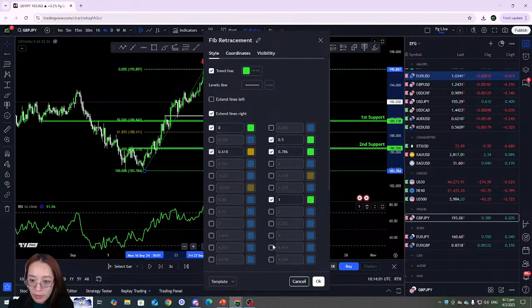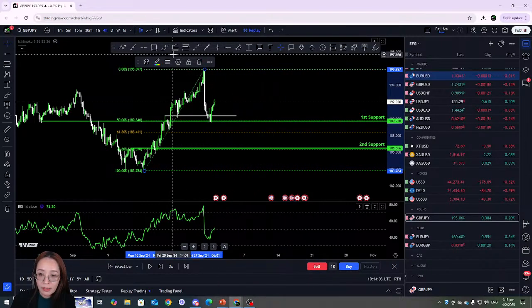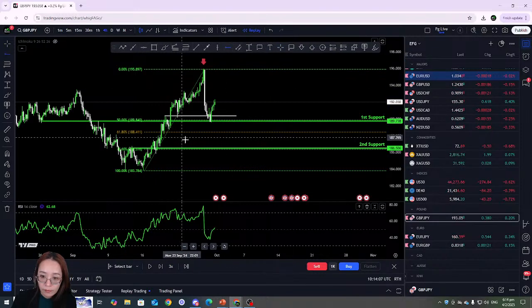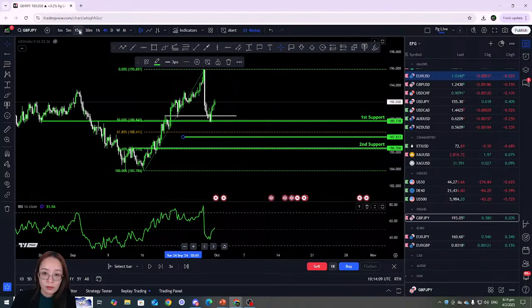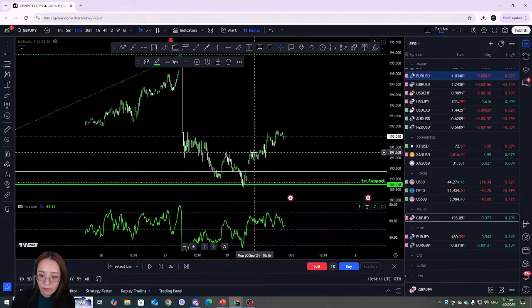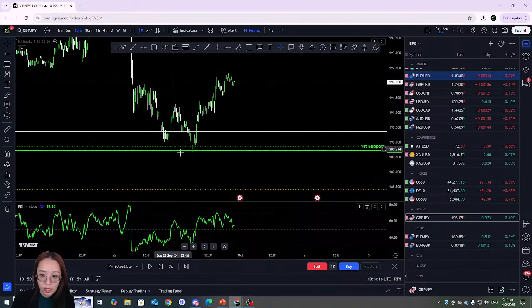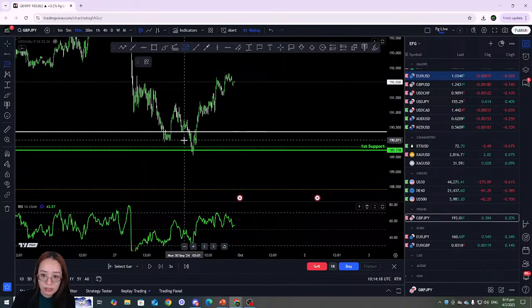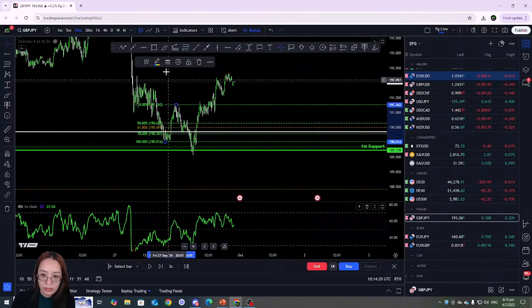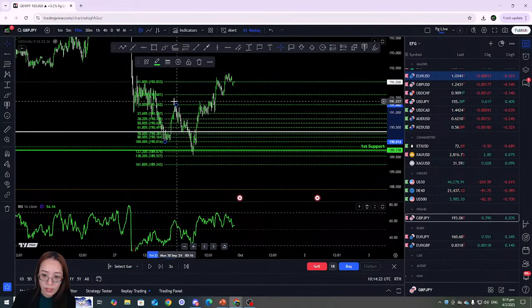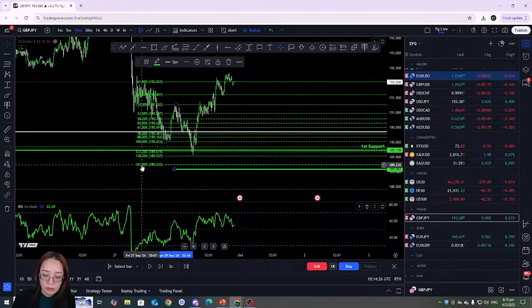Where is my 61.8? Yeah, I buy here, I put my stop loss below the golden level here. Or you can go to the lower time frame, which is M15, to use your extension to place your stop loss. So your stop loss is below 61.8%.